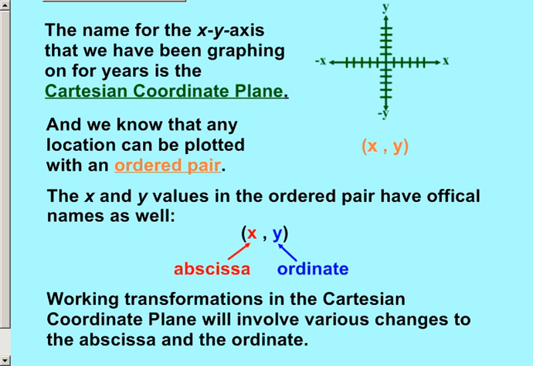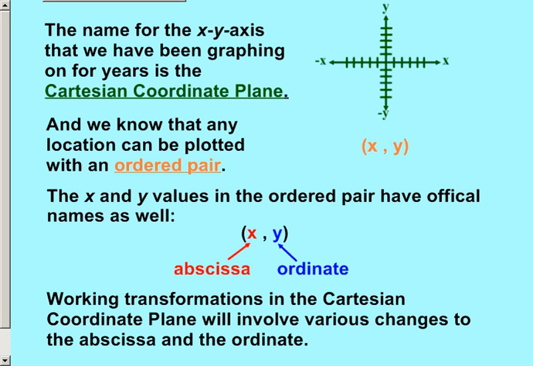In fact, most of the transformations that we're going to see have a specific set of steps that you have to do, and typically it involves changing the abscissa and the ordinate. Sometimes it involves changing their values, sometimes it involves switching them with each other, sometimes it involves changing their signs, and sometimes it involves doing more than one of those things at once.